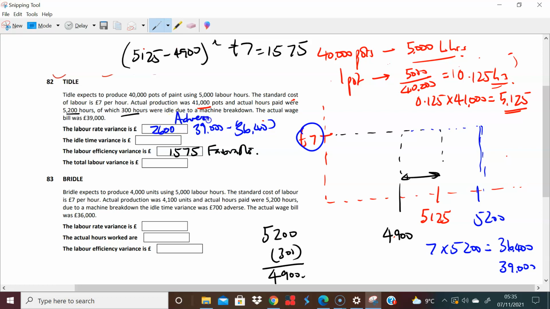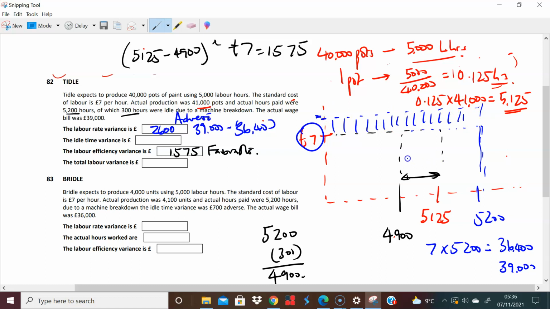That's the situation here, and this is purely based on price. I could find out what it is, but it doesn't matter. That's what you actually did. You paid a higher price for those hours, and that's your rate variance. So I suppose you can see where the efficiency variance is.